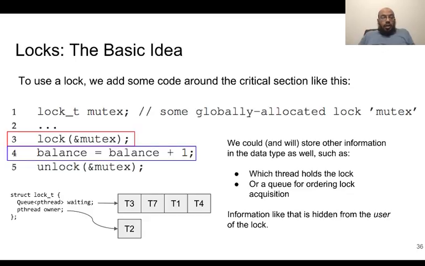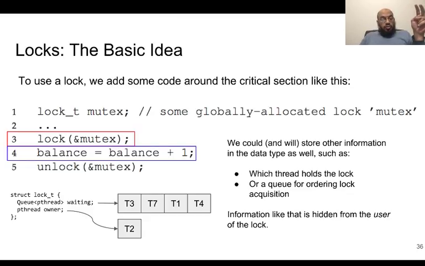Okay. And basically, the way this is implemented, and we are going to go through this again in more detail very shortly, is that you have two variables inside the struct of lock.